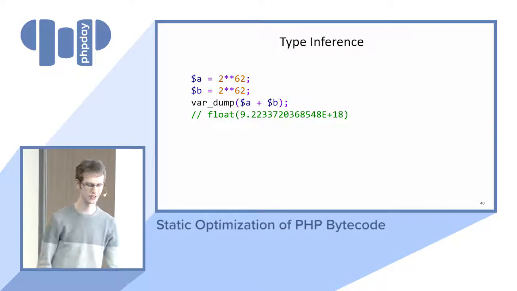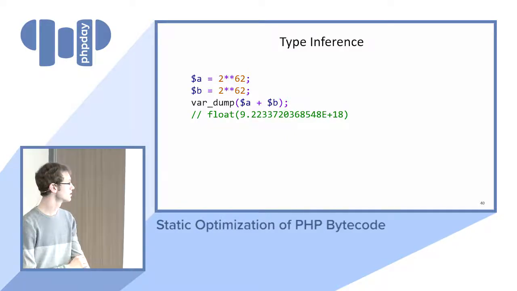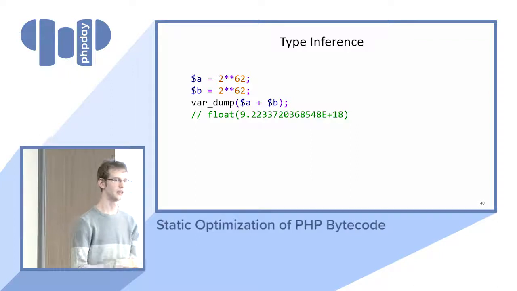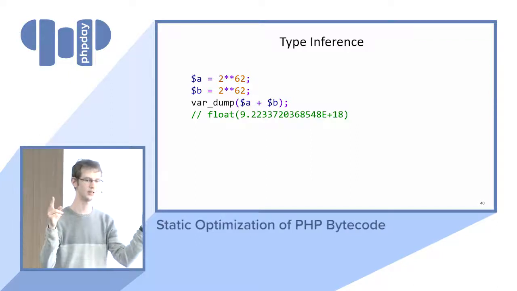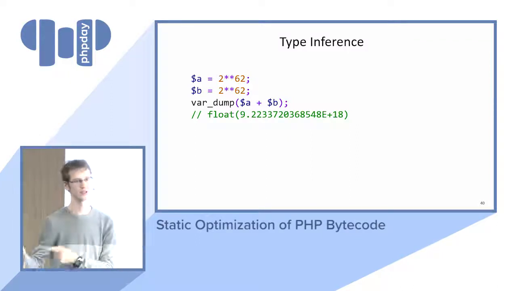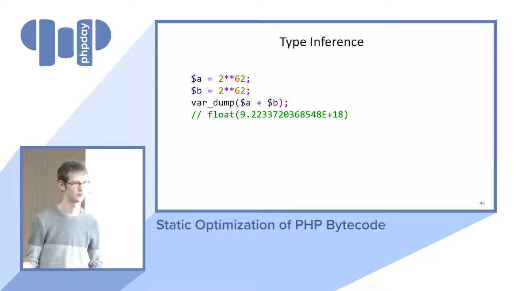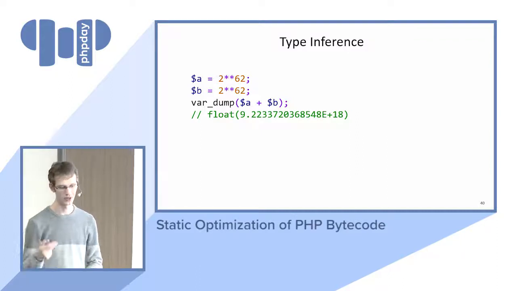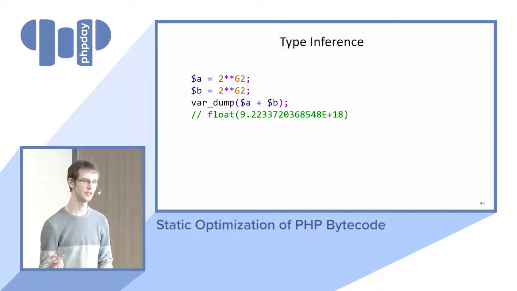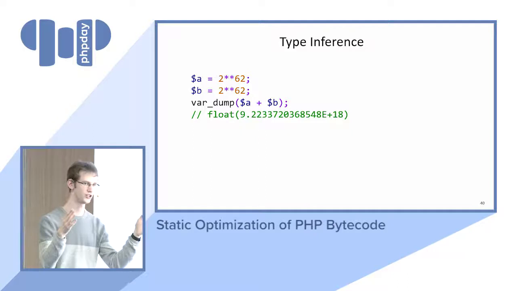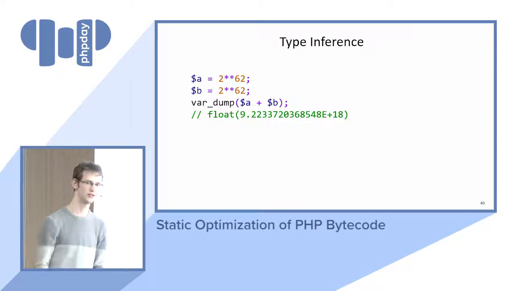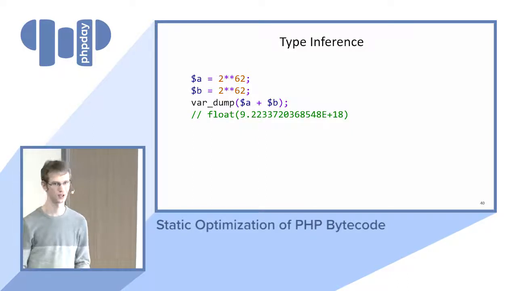A larger issue is this. So I already mentioned beforehand that if you add two integers in PHP, the result is not always an integer. So if you add two very large integers, you actually get a floating point number. But for the type inference, that would basically mean every time you do an integer operation, the result type will not be integer, it will be integer or float.